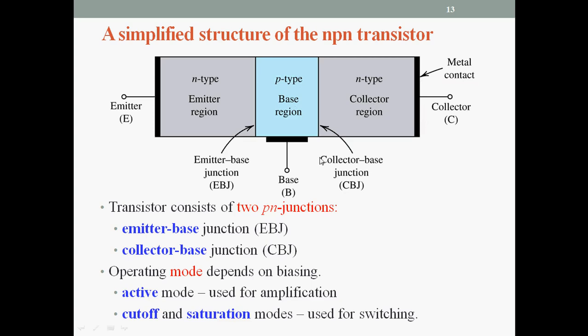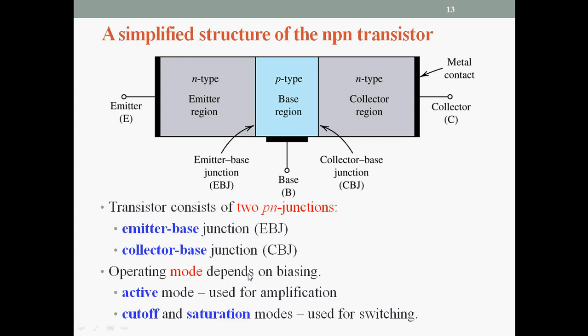For the collector, this is the metal contact, of the base and of the emitter. This PN junction is the base emitter junction, or we can also call this the emitter base junction. And this PN junction we can call the collector base junction. A transistor consists of two PN junctions, the emitter base junction and the collector base junction.